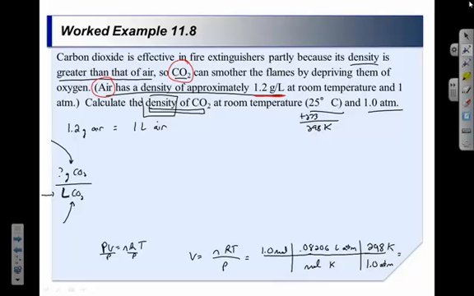So I've got 24.5 liters. Really I'm limited to 2 sig figs because of these 2 and these 2. But I want to keep an extra sig fig for now because I only want to round once at the very end. So that gives me my volume.